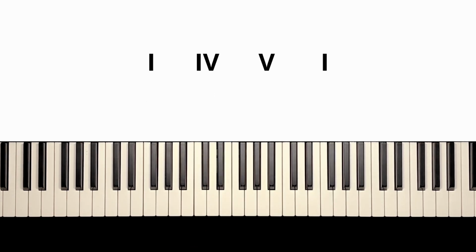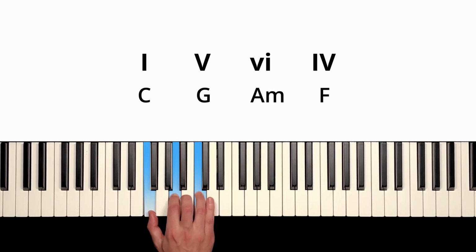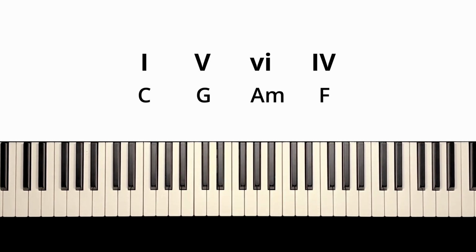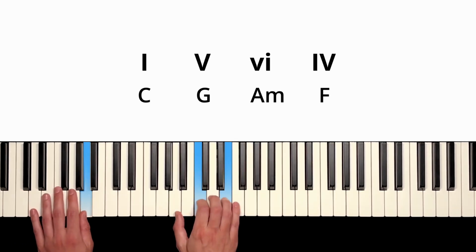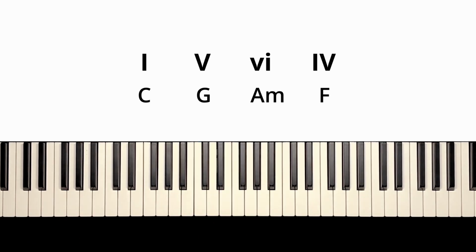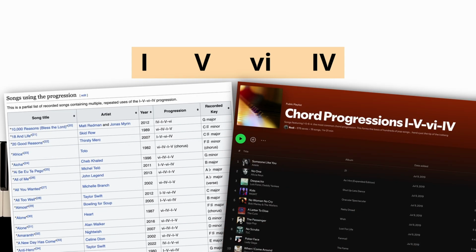Now let's change the order a bit and throw in one of our minor chords. With a little practice, this chord progression could sound like this. Sounds familiar? That's because this chord progression is used in countless popular songs.